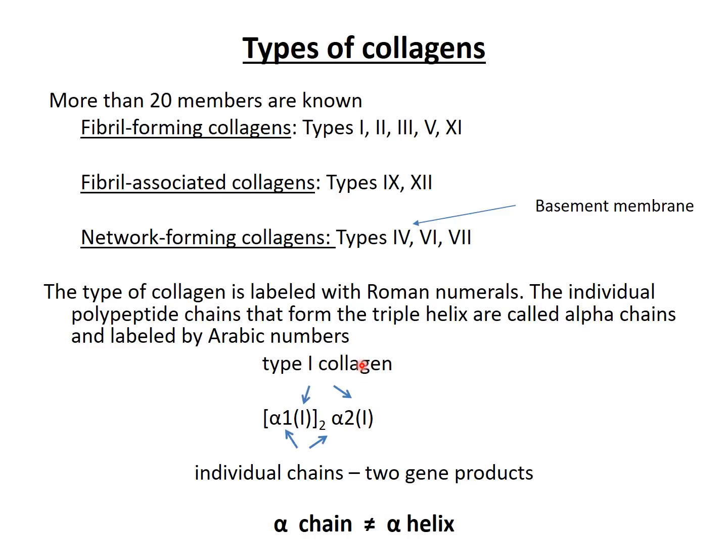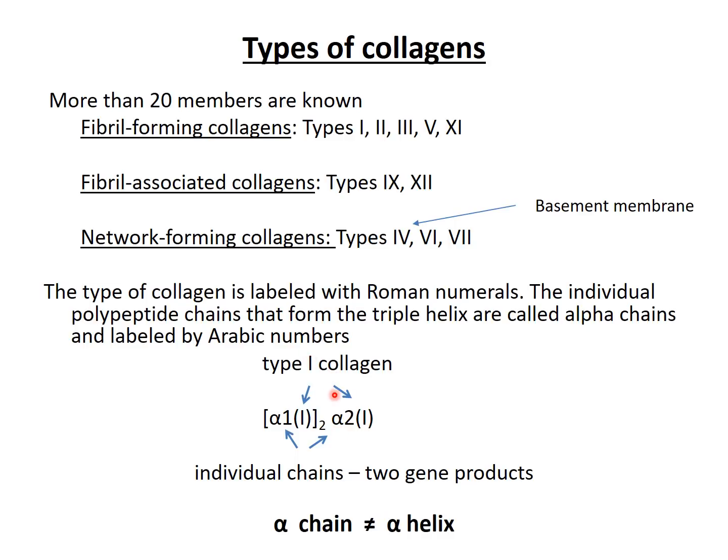Okay? Now the triple helix is built of so-called alpha chains or polyproline 2 helices. These are not alpha helices, these are alpha chains. They are coming from different genes that produce these particular alpha chains, and depending on the type of collagen, we have one of the same or two different kinds or even three different kinds of alpha chains building the triple helix.